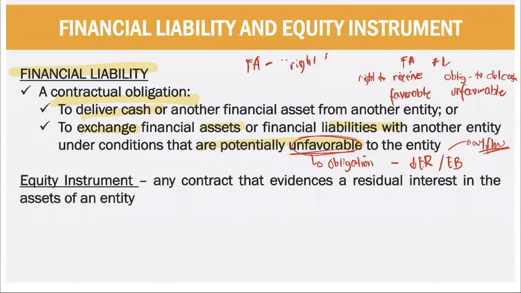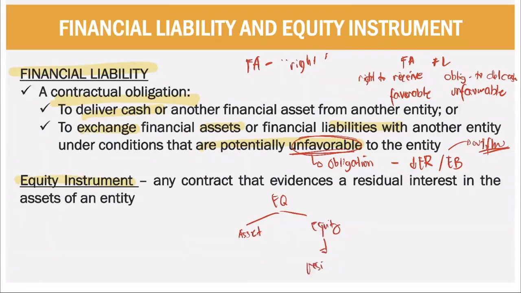Let's go now and define what an equity instrument is. An equity instrument is any contract that evidences a residual interest in the assets of an entity. Take note, in an equity instrument, what happens? We have here an asset and we have here an equity. You remember the definition of equity per your conceptual framework.